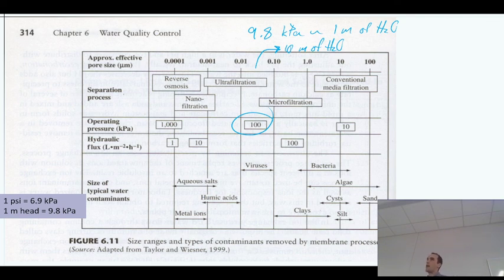So if you want the same flow rate of water coming out, that means you're multiplying the amount of membrane surface area you need by about 10. Okay, so the smaller the pore size, to meet the same amount of flow, you're just going to need a lot more membrane, a lot more surface area.